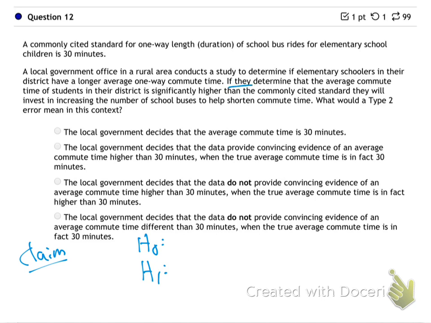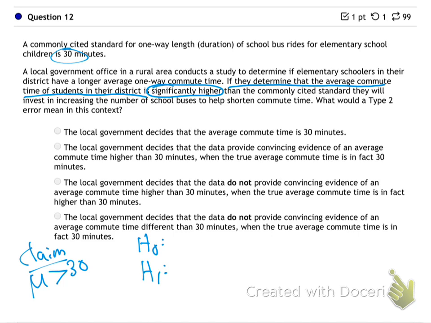It says if they determine that the average commute time in their district is significantly higher. Is that equal, not equal, less, or greater? Greater. Higher is greater. So they're claiming the average, it's not a p, it's not a percentage, it's an average, is greater than whatever, right? 30. I guess it's greater than 30. That was the average for all kids. So they're saying greater than 30.